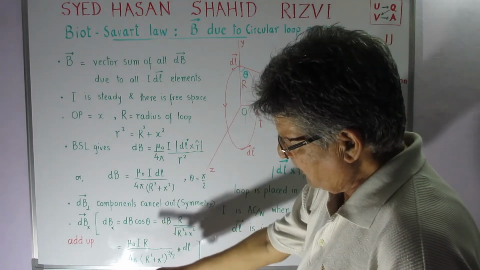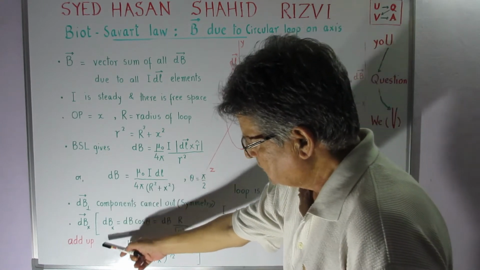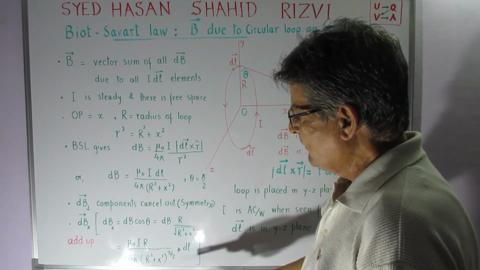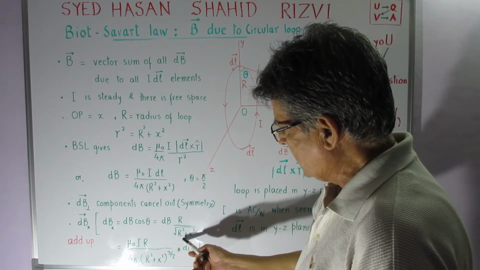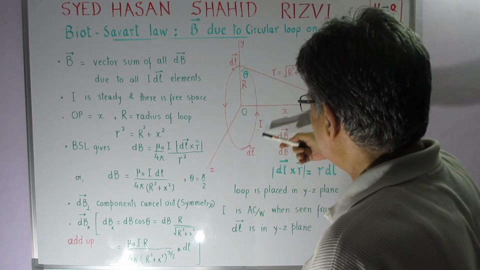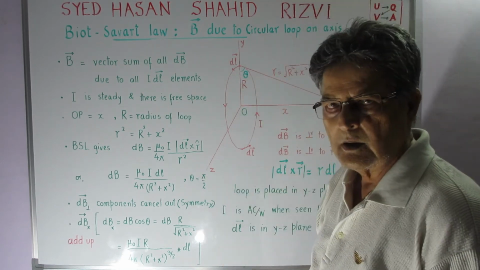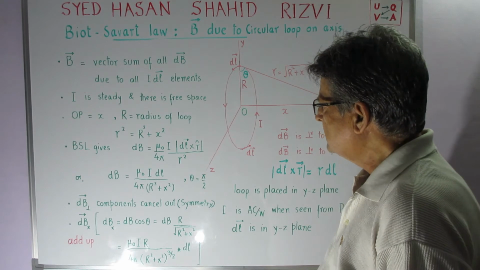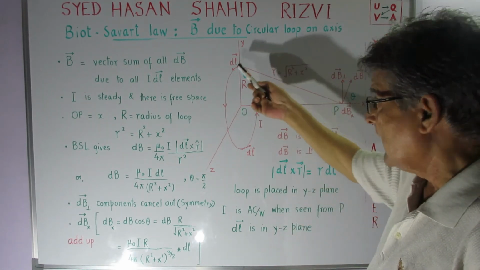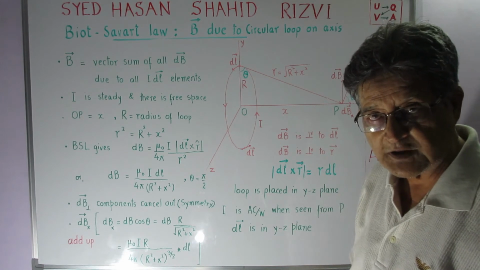So when I want to add up the dB values, then exactly what will happen? We will integrate this dl over the entire circular path, and that will become equal to 2 pi capital R, which is the circumference over here.